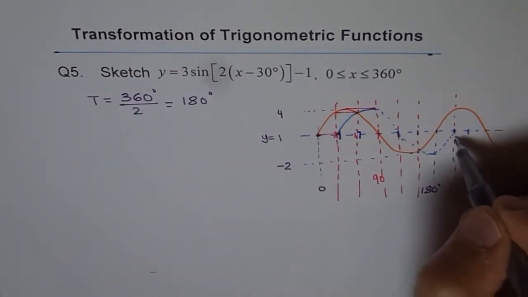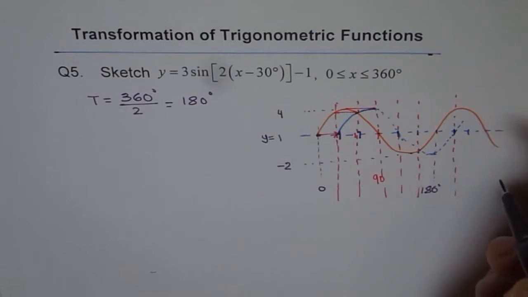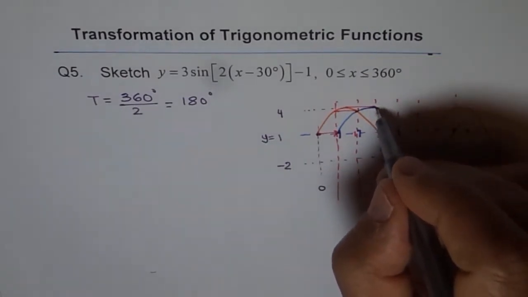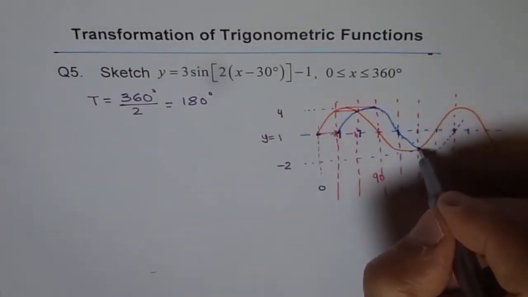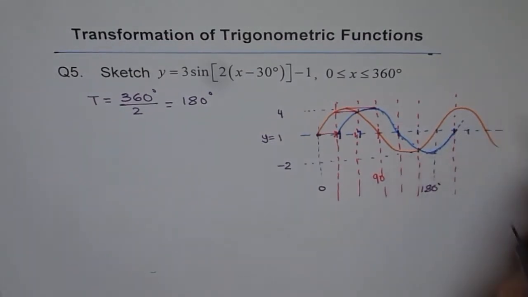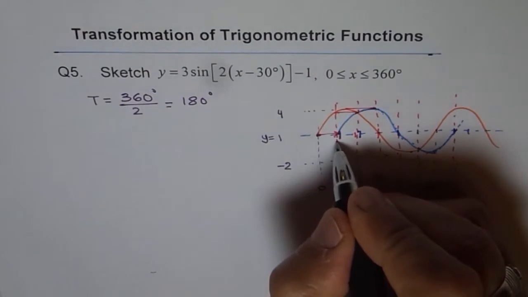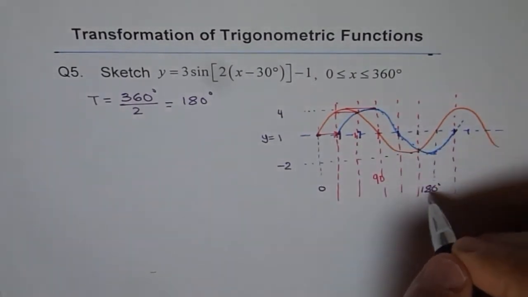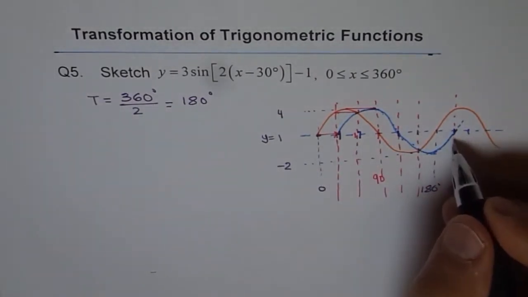Kind of like this, and going up. Do you see the wave? So that is my final answer for this question. And what really happens is that the wave starts from 30, right? And ends at 180 plus 30. Do you see that? That is how it is.